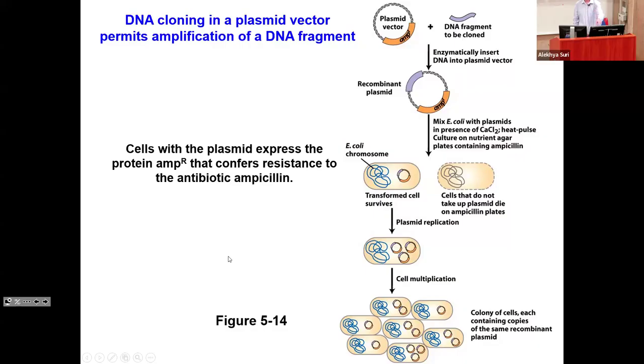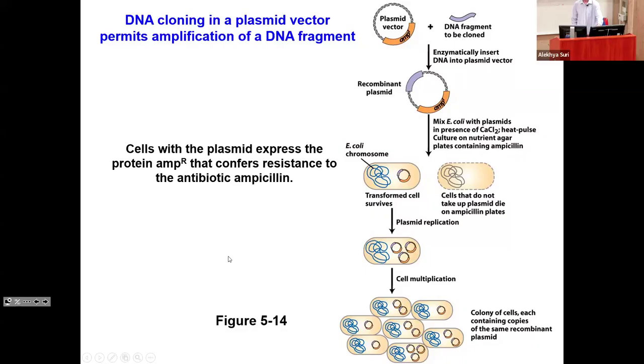And the second part is to select those cells that have the plasmid. There will be only a few cells obtaining the plasmid, but the remaining millions of cells will not have the plasmid. If you plate cells on a plate, you will just see a lawn of cells, but you don't know which one has the plasmid.